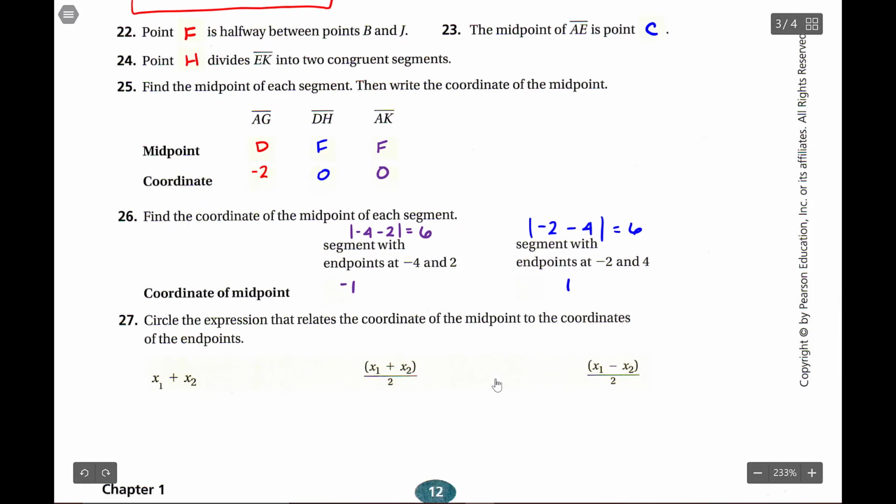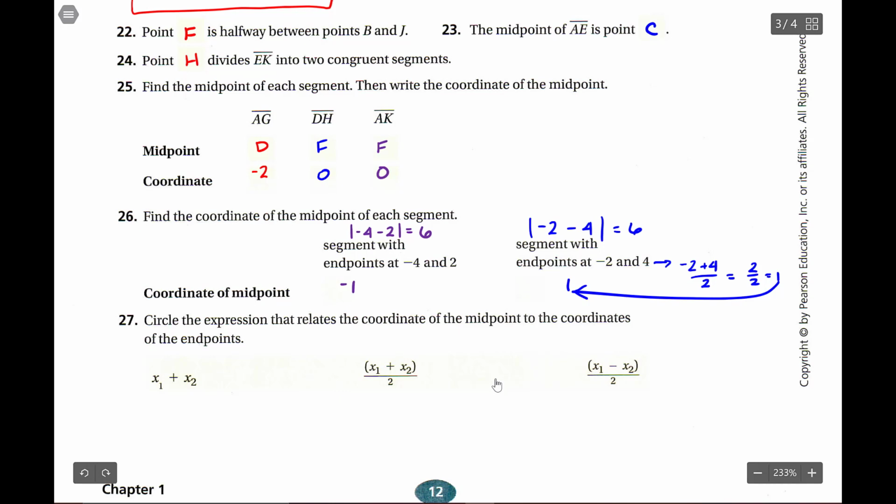27. Circle the expression that relates the coordinate of the midpoint to the coordinates of the endpoints. Well, if we look back up at our previous example, if we took negative 2 and added 4 to that, negative 2 plus 4, and then divided it by 2, we would get 2 over 2, which is equal to 1, which corresponds to its midpoint.